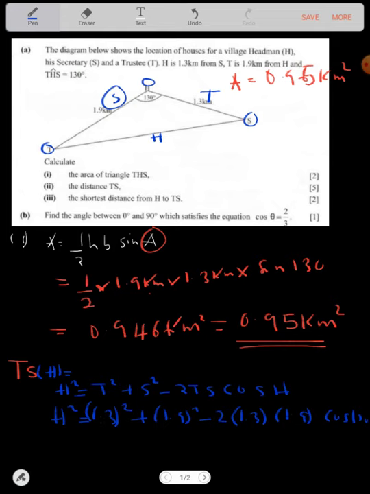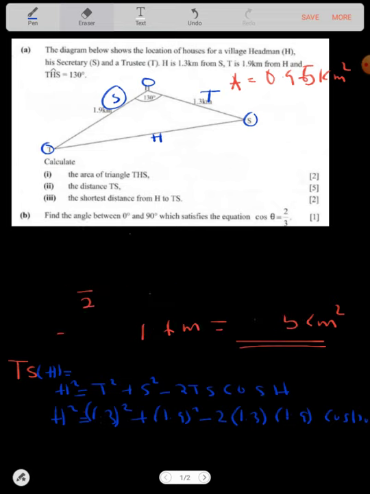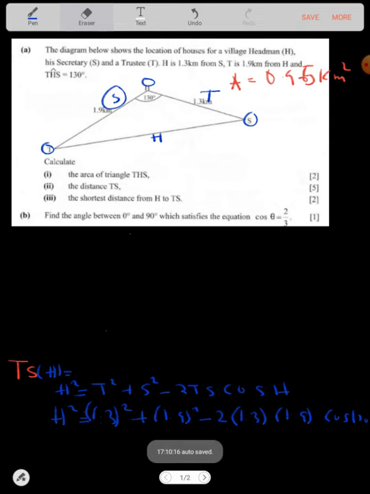And from there, you continue to work out. Let me label this. You need to work out properly, as simple as possible. So I'll be working out step by step. 1.3 squared, I will say plus 1.9 squared.